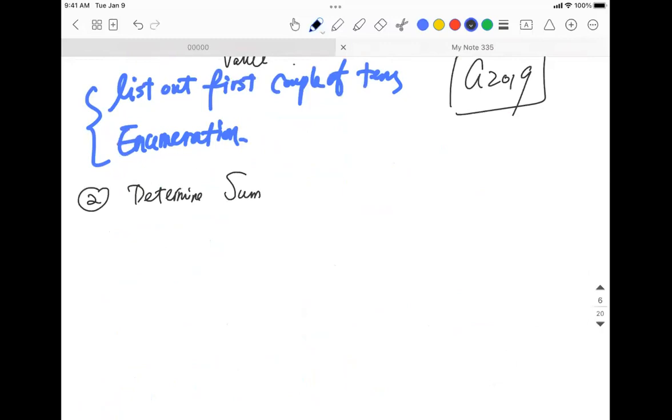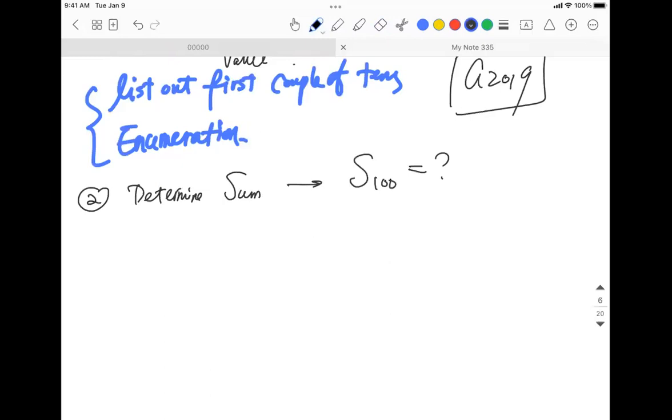Okay, so for the first n-term sum, it can basically ask you in two ways. One is actually easy. Let's say you want the sum of the first 100 terms, you just find the first 100 terms, add them together, and give me the value. That's a very direct way.